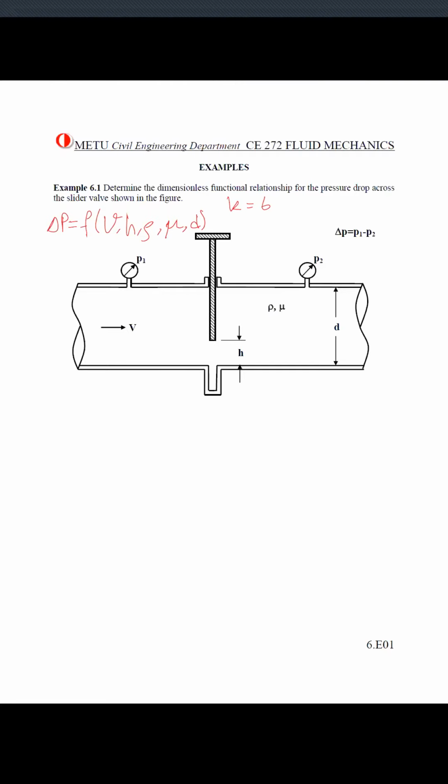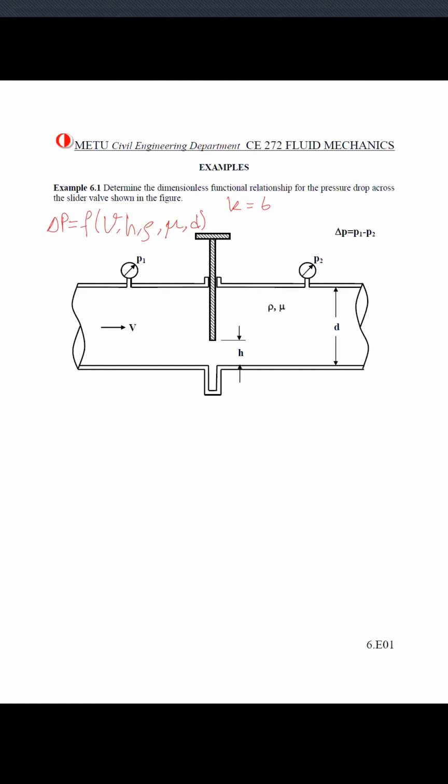So we will make our dimensional analysis in order to obtain 3 pi terms. And before saying 3, let's see our dimensional matrix rank.